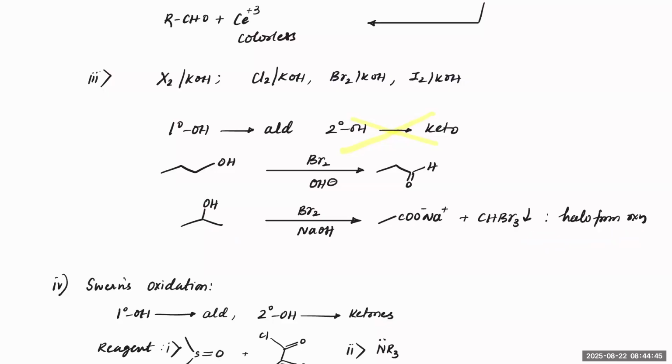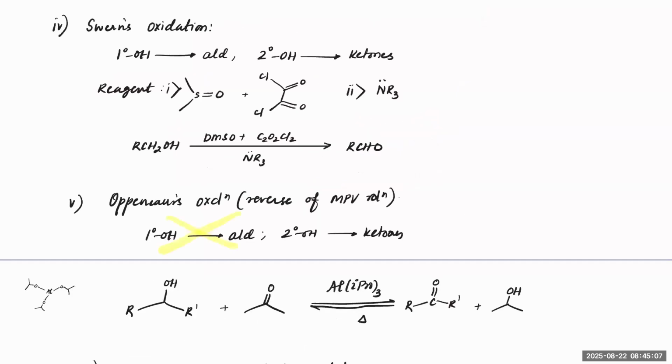So first this will convert into a keto form, and that ketone will further get oxidized in the presence of bromine, chlorine, or iodine to convert into an acid, and haloform will be formed. Okay, it's not a precipitate. Clear?